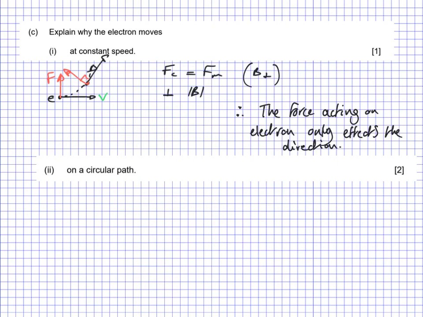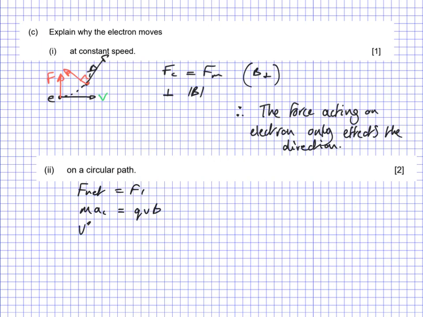Okay? Part 2 is asking about why it moves in a circular path. Well, it moves in a circular path, again, for the same reason, because the velocity is perpendicular to the magnetic field. And so this is where we get our statement that we did all the hard work earlier for when we made our F net expression. We said the F net is going to be mass times centripetal acceleration, and that's going to be equal to QVB.